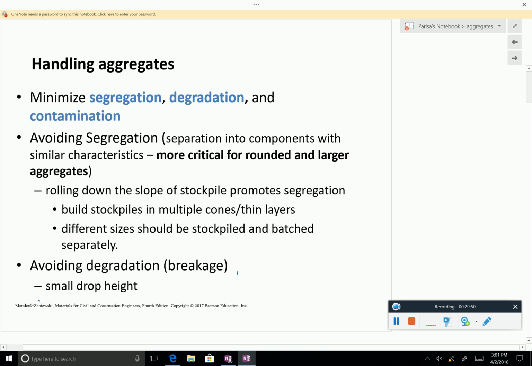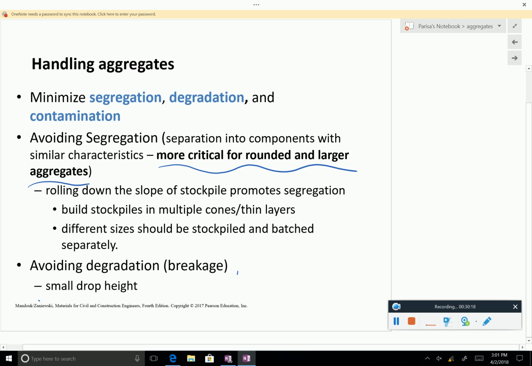And finally, it's important to practice some very simple rules to prevent segregation, degradation, and contamination of aggregates. Segregation is that aggregates which are similar tend to make clusters, and it normally happens for rounder and larger aggregates.